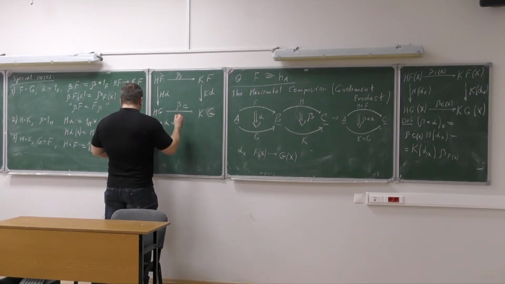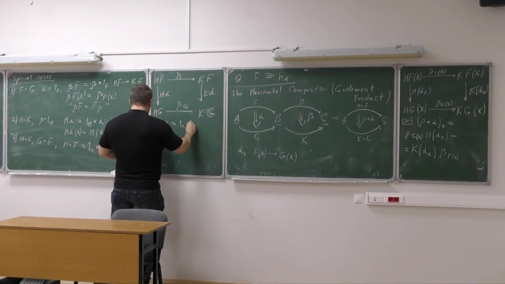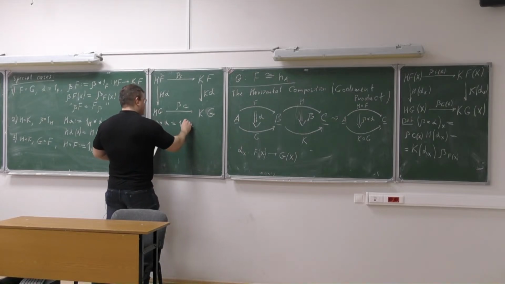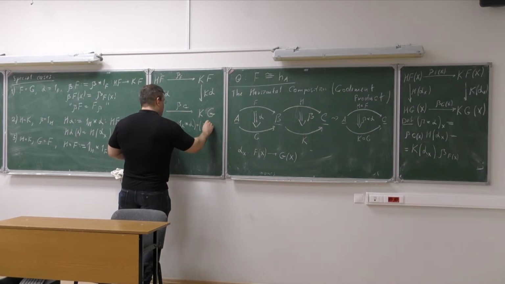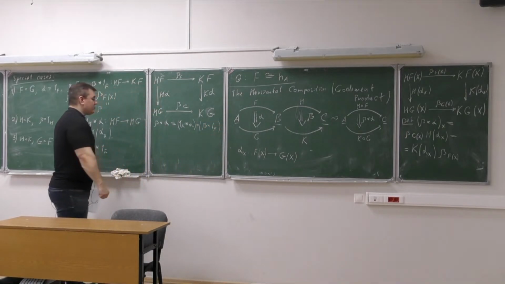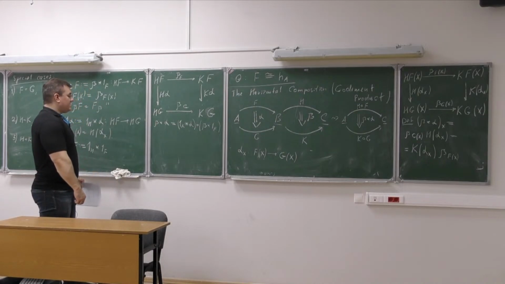I can write this as the 1 sub k, not composition, but the horizontal product with alpha, and then composition with the beta horizontal product with one identity on the f.